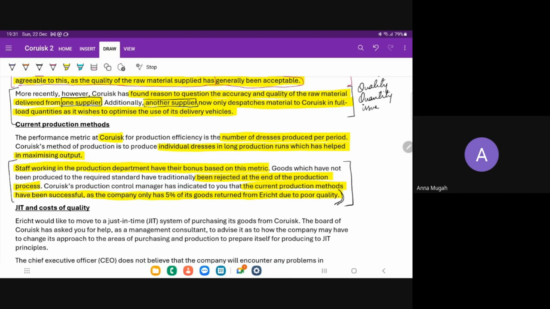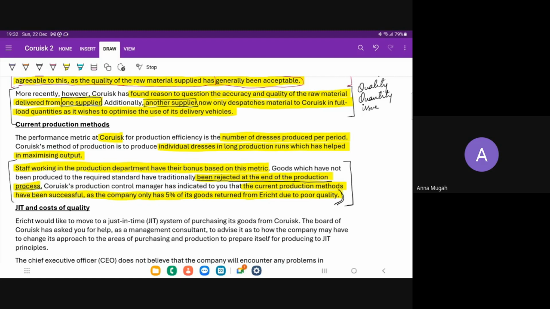Typically, when the question is saying that the product has been rejected at the end of the production process, what can we interpret from this? We are doing the quality inspection probably at the end of the production process, which means that you will only get to know that the product was not up to the quality standard when you are done with the production process.